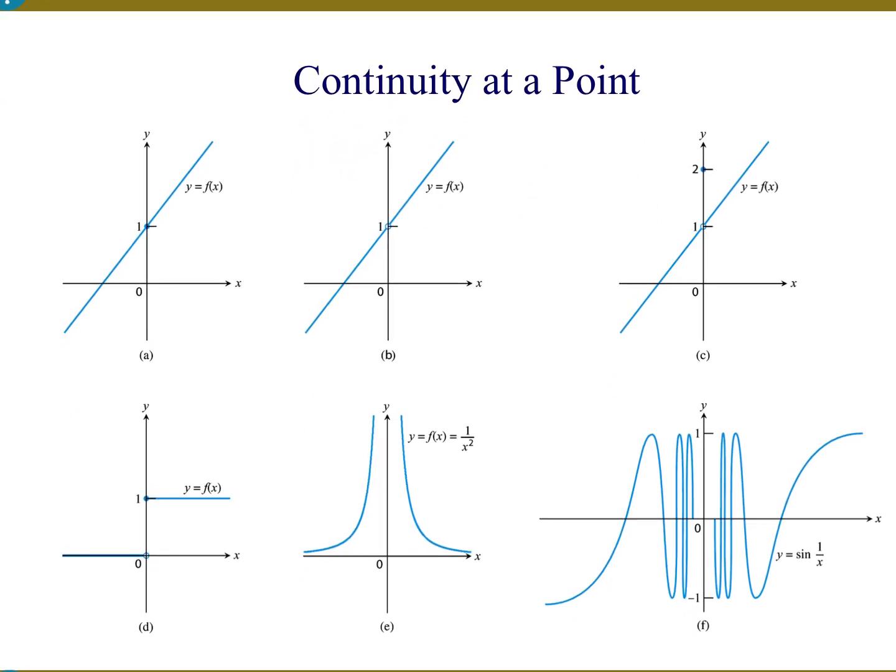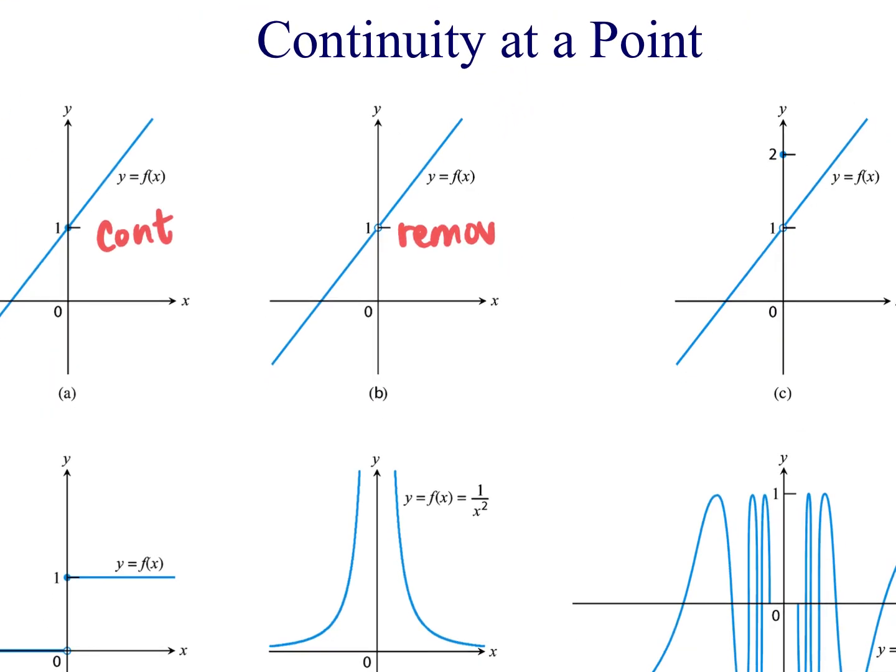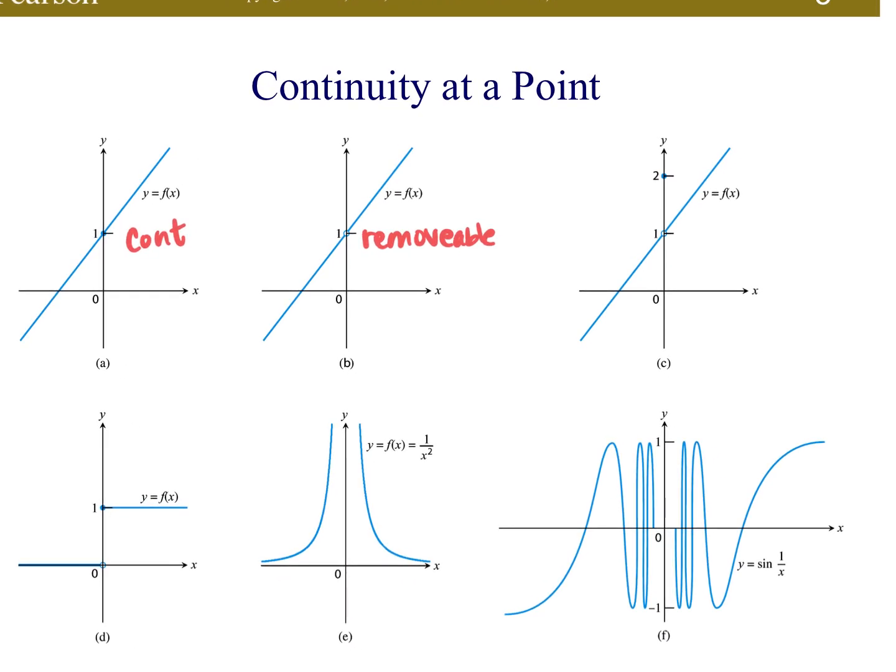So there are some of the visual ones that we're looking at. The first graph is continuous. The second graph is a removable discontinuity. If I zoom in on that, you can see a missing point. The third one is also removable, and it's also been replaced elsewhere, so we have a replacement value.